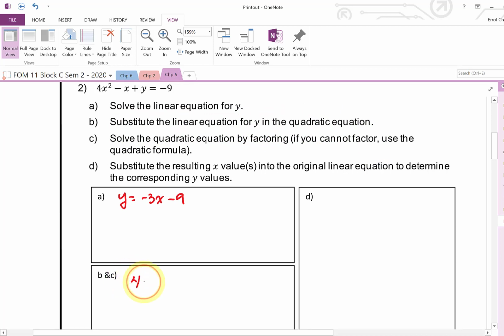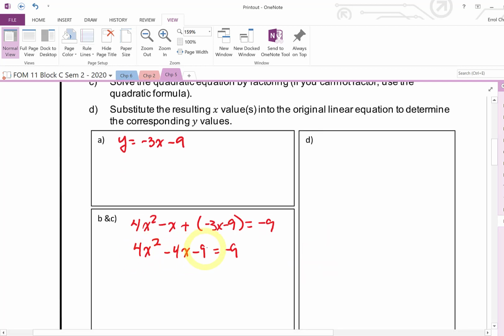So here we go, 4x squared minus x plus what used to be a y value, that's this one here, is going to now be negative 3x minus 9, all equals negative 9. So combining like terms, 4x squared minus 4x minus 9 is equal to minus 9.